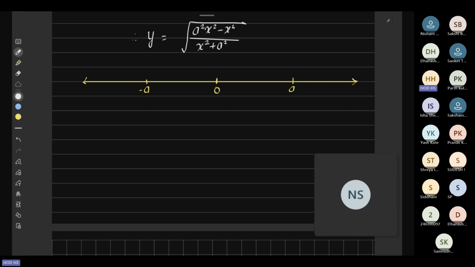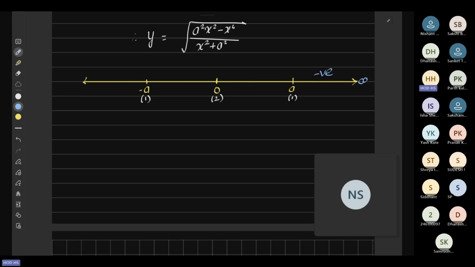Notice that the multiplicity associated with them is 1 for a, 2 for 0, and 1 for minus a. When we go to plus infinity, the leading coefficient here is minus x to the power 4, so it is negative. The numerator will be negative, the denominator's leading coefficient is positive, so the whole quantity will be negative.